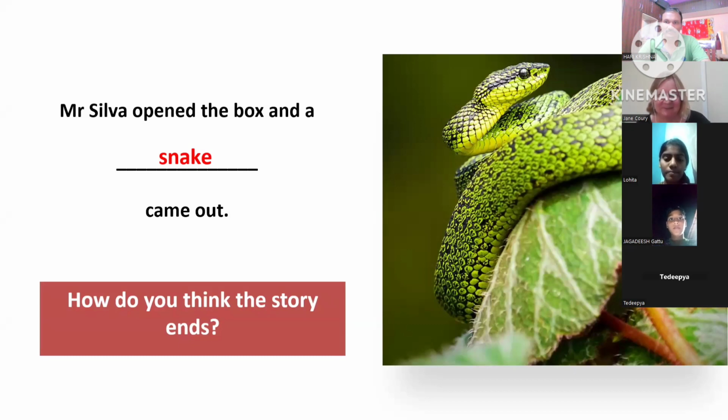Maybe the snake is his pet snake. Maybe the snake bit him? No, ma'am. Pet snake. Okay, I got it, Lolita. Maybe it's his pet snake. Yeah, I never thought of that. Well, it could be.